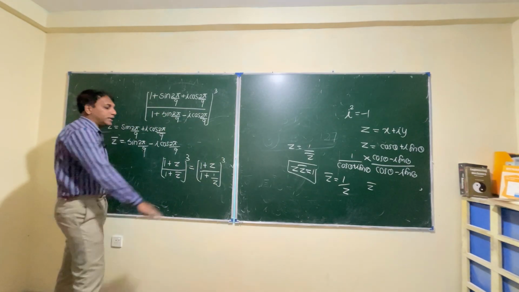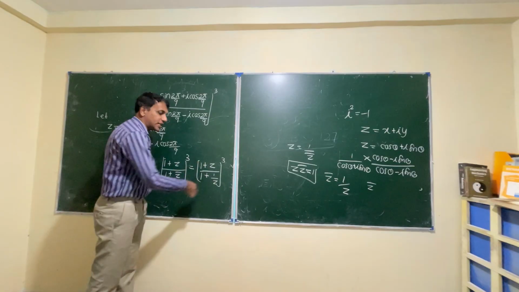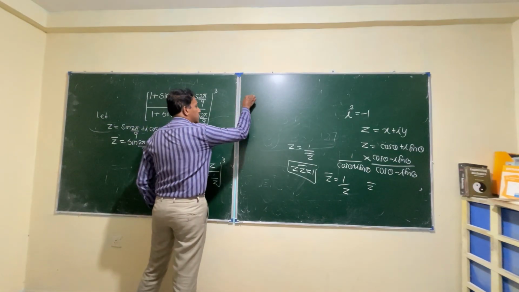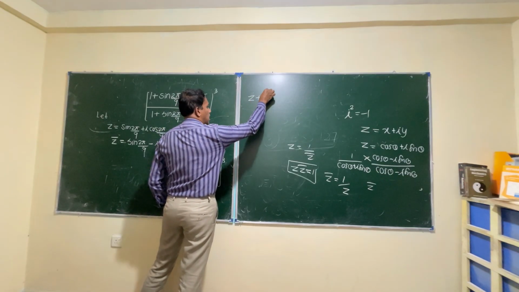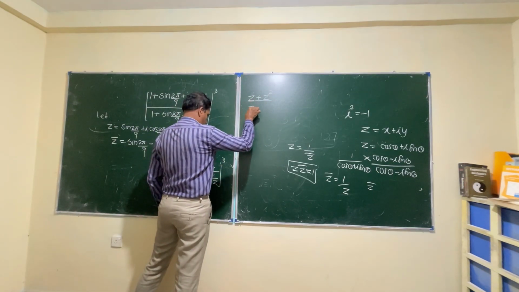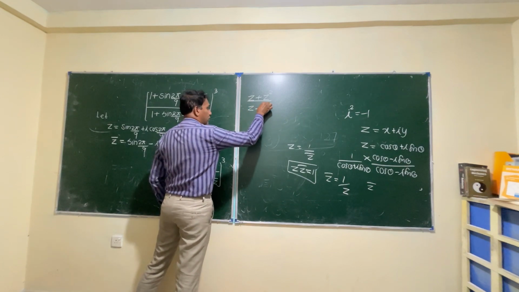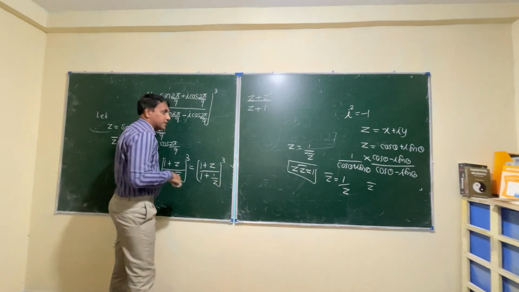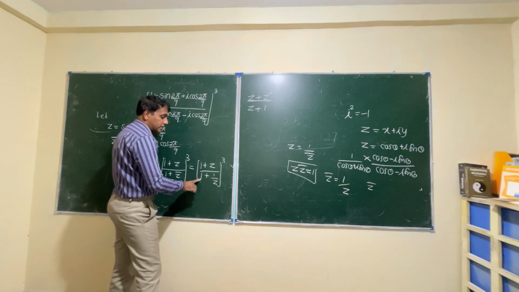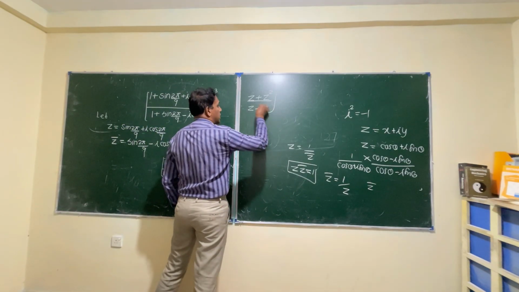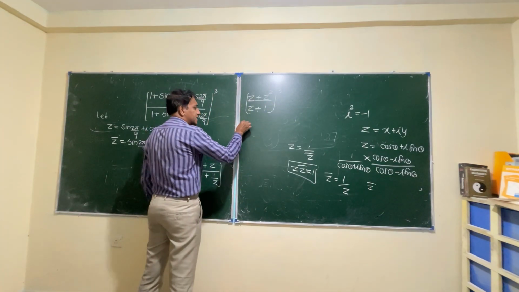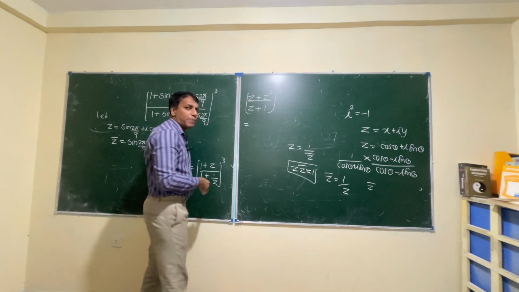Now, can I multiply up and down by z, the LCM? Multiplying gives 1 times z plus z square over 1 times z plus 1, and power 3. Is that okay? Now, can I take z outside the bracket?